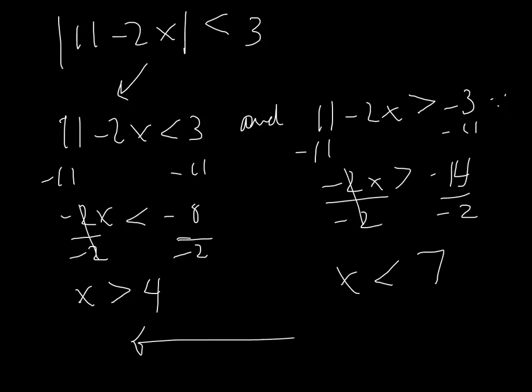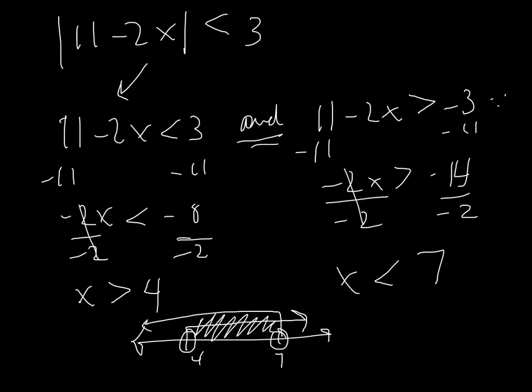Okay, now let's look at this on the number line. X is greater than 4. There's my 4. And less than 7. These are not included boundaries. Remember, this is an and, so what I care about is the overlap. And I'm going to pick up my eraser and I'm going to erase the stuff that's not in the overlap because that's not part of the answer.